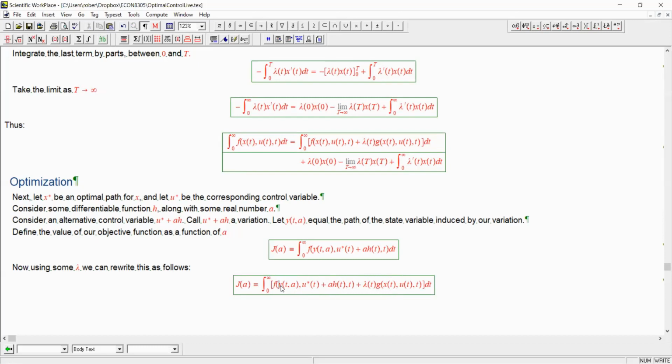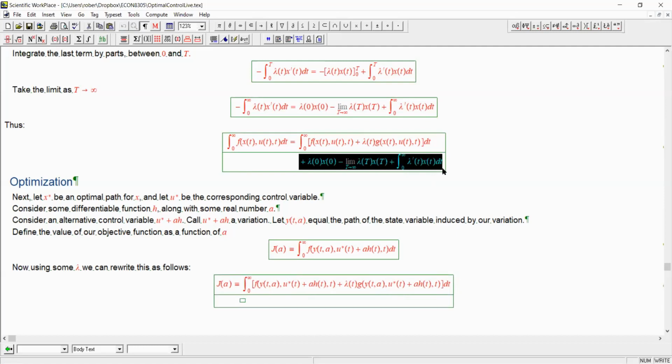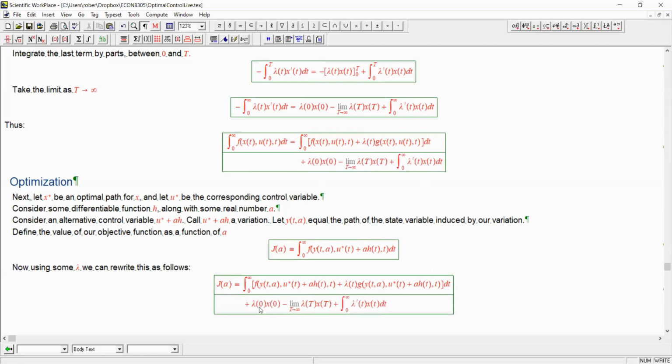What we need to do is, again, wherever we see x, we write y, and where we see u, we write our variation. In addition, we need these terms. This stays the same. Again, remember, where we see x, we need to write y.